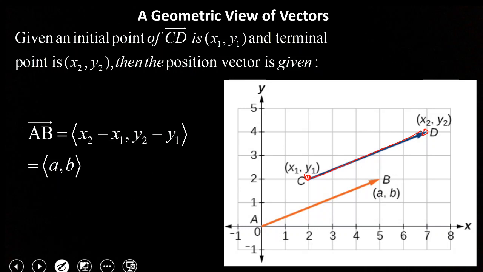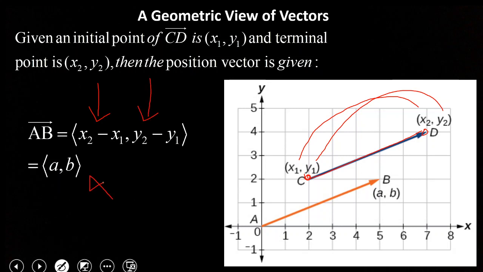So tip minus tail. So we're going to take this and subtract that from it. So the vector that we're going to get is going to have an x-component of x2 minus x1, and the y component of it would be y2 minus y1.